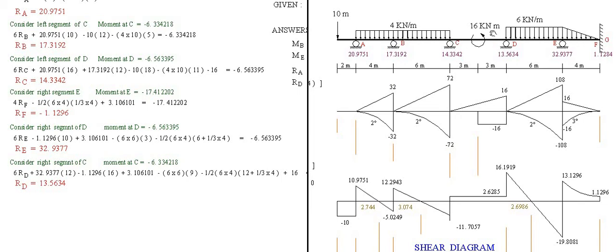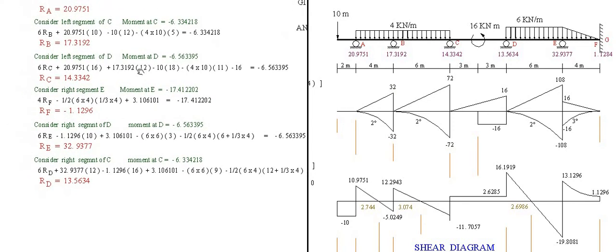Then due to this couple, it is negative. Notice the loadings are negative. With respect to D, the rotation is counterclockwise, so the moment is counterclockwise. Moment of couple 16 is also counterclockwise, so this is also minus 16. No distance, it is already a moment. Then equate that to 6.56, the moment at D.